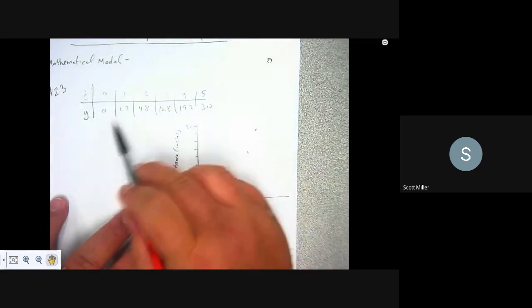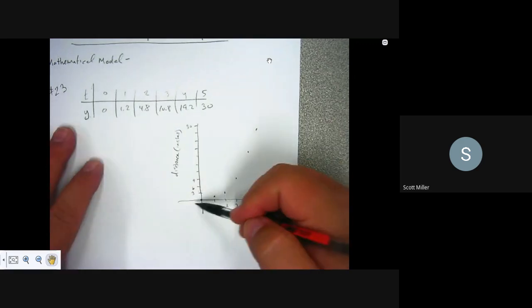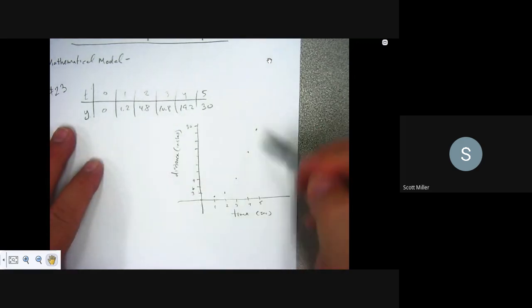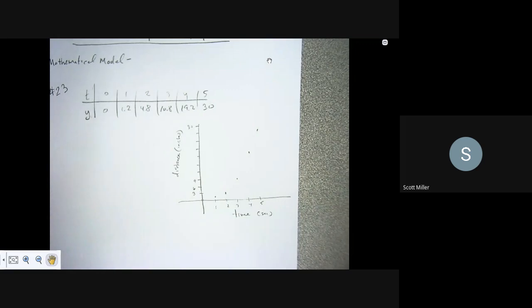Okay. But there is one. You can look here for patterns and see if there's any kind of pattern that might help me determine which one it is. But this shape right here kind of matches a couple of different types of functions that are out there. If you don't remember what they are, one would be a polynomial.